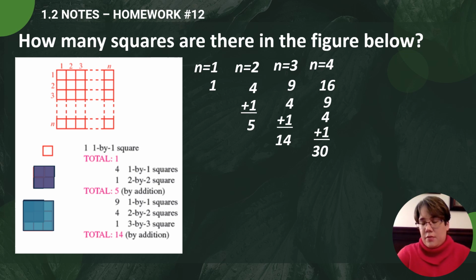If you ran out of tries, just let me know. But I want you to try that. So if n equals 5, then you would do 5 squared and add that to 30, and you should be able to get your answer right. And then so on.